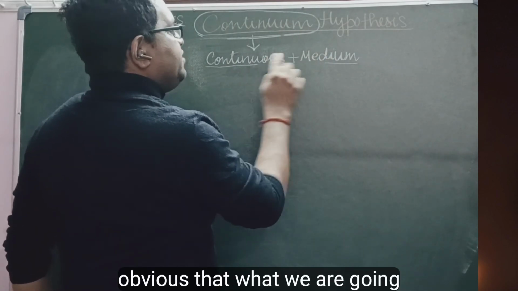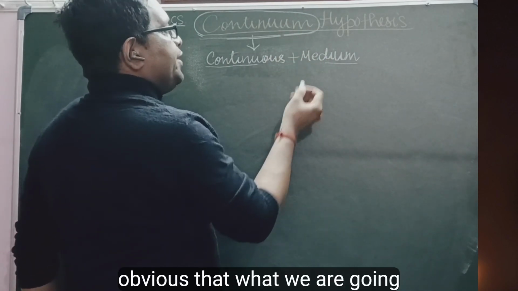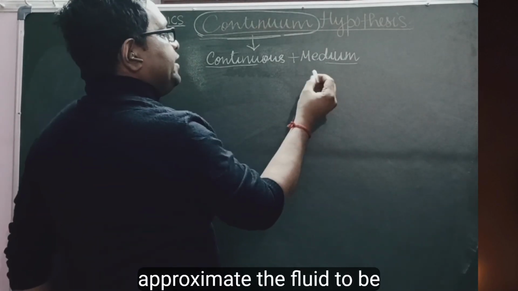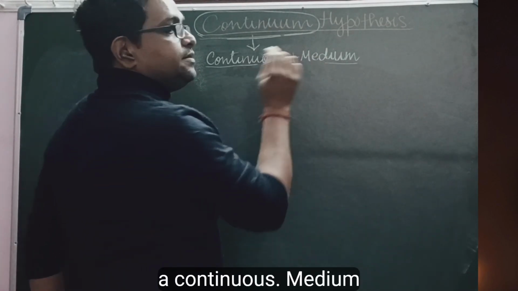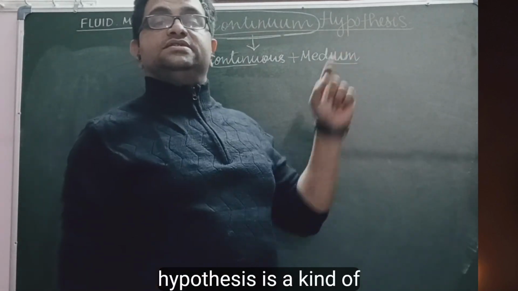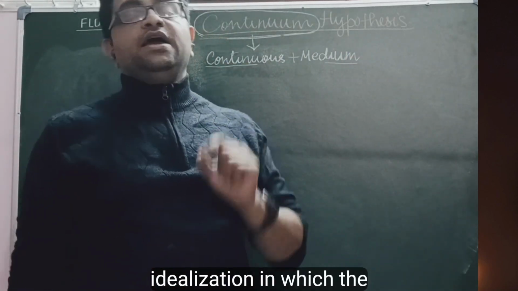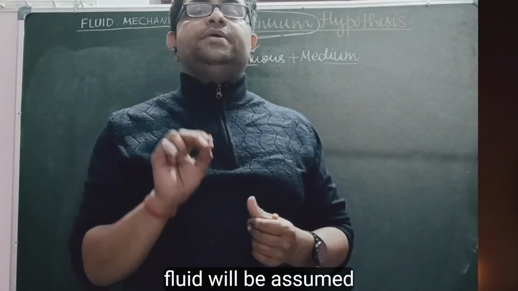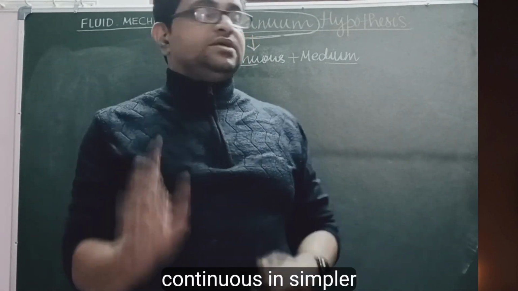As is quite obvious, in this hypothesis we will approximate the fluid to be a continuous medium. It means the continuum hypothesis is a kind of idealization in which the distribution of mass within the fluid will be assumed continuous.